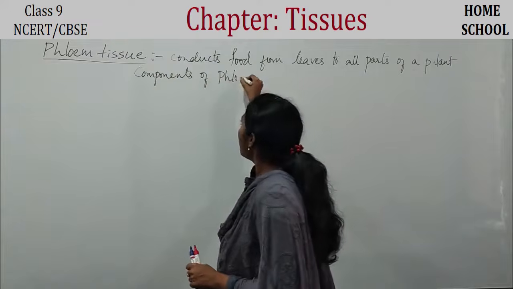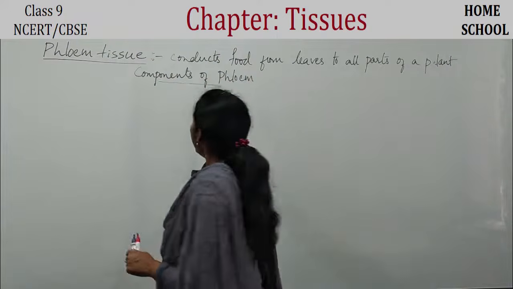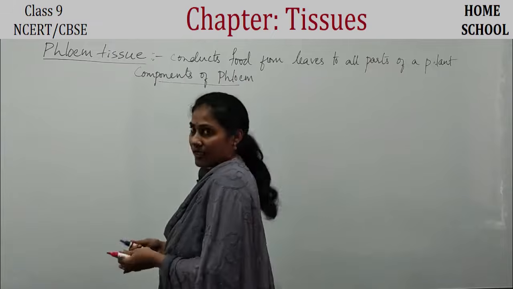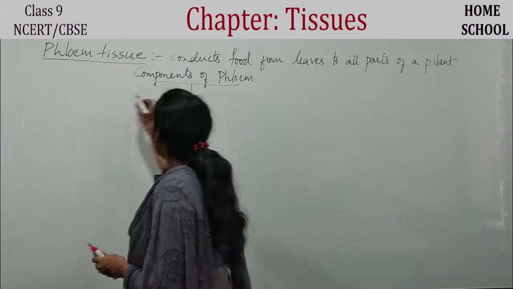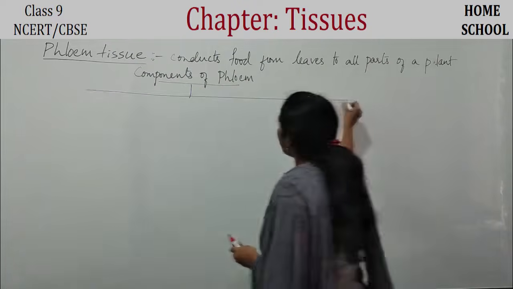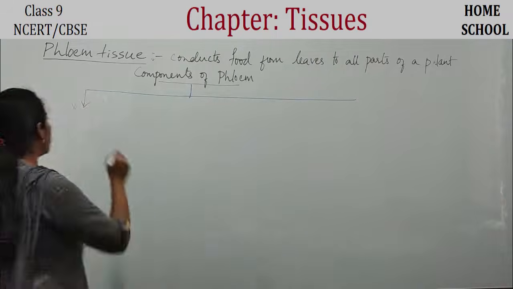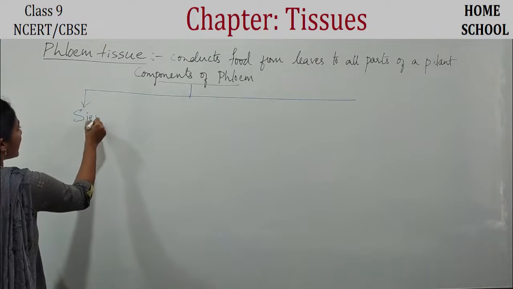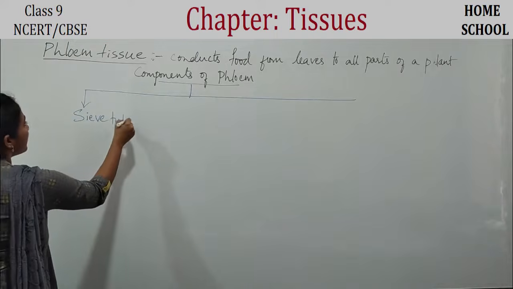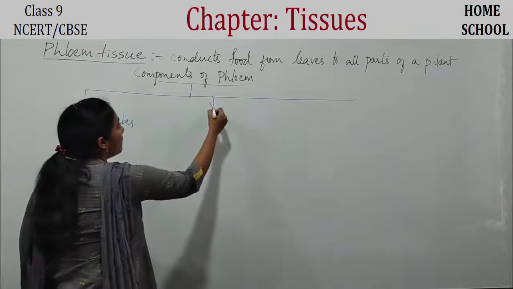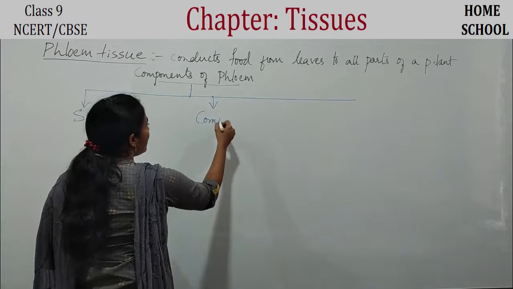Now let us learn about the components of phloem. Like xylem, we also have 4 components for phloem. The first component is sieve tubes. Clear? The second component is companion cells.